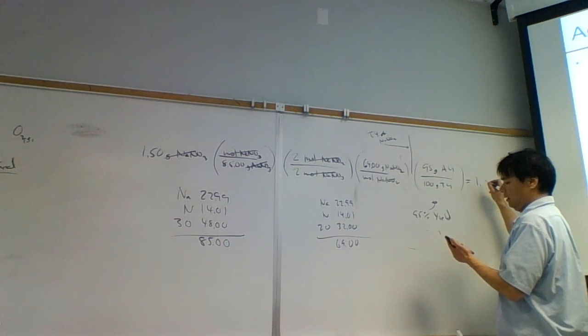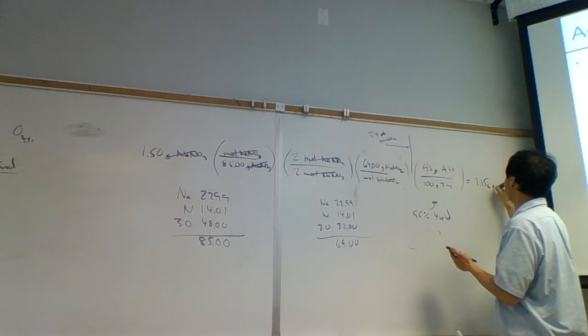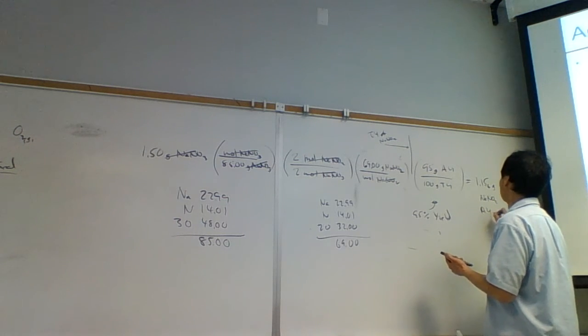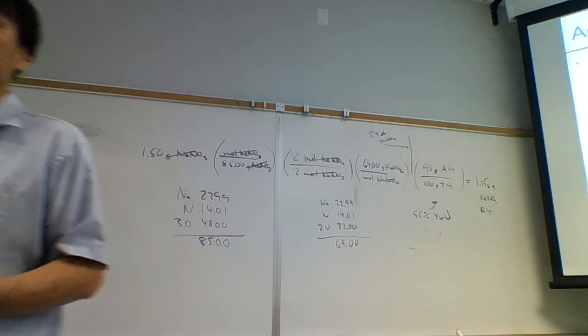So in actuality, we're going to expect 1.156 grams of sodium nitrite. The actual. It's compensating for a 5% loss.